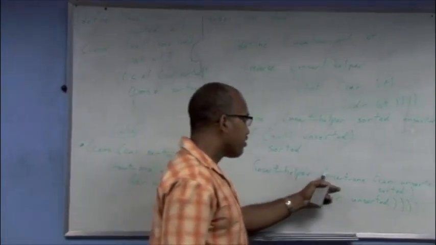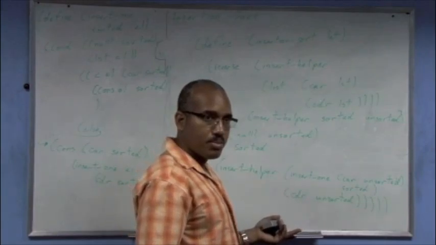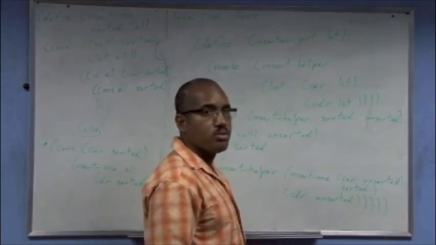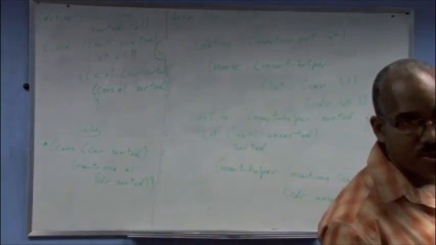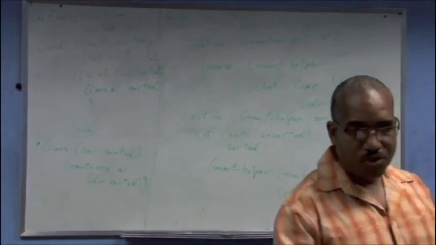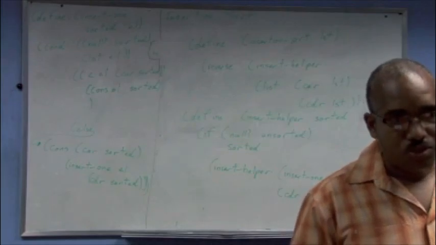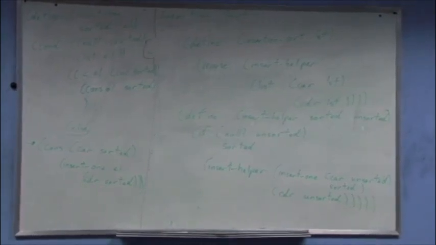So insert 1 is theta n, and it's called up to n times. So this is going to be a theta n squared process. So short of going through the whole step of doing the full algorithm analysis, we can use that qualitative argument and explain that time complexity.